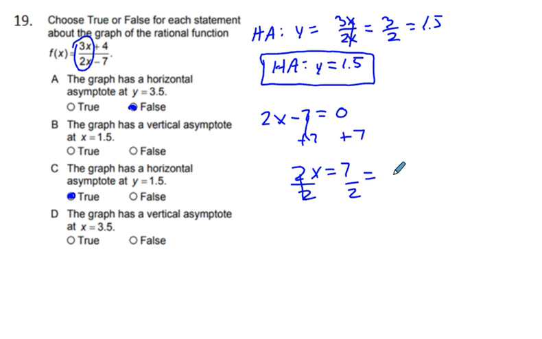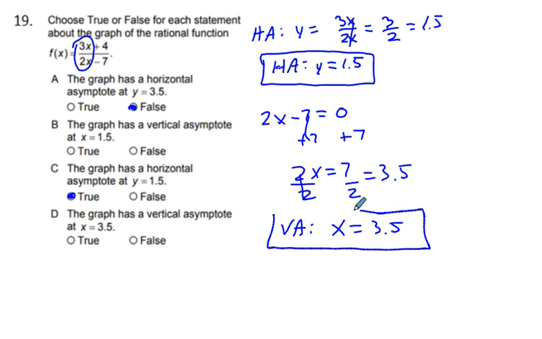X equals 7 over 2, which equals, what does that equal? 3.5, right? So x equals 3.5. That's our vertical asymptote. And then that shows up, D is true, which means C is, D is false.